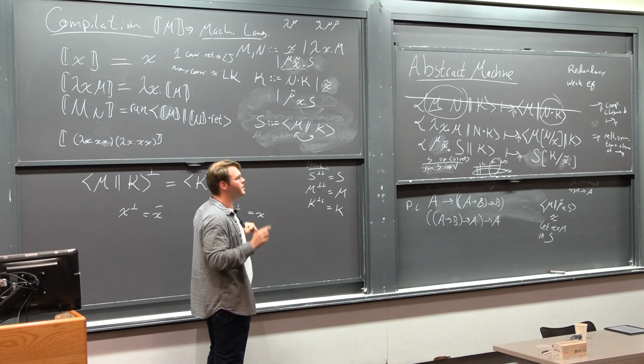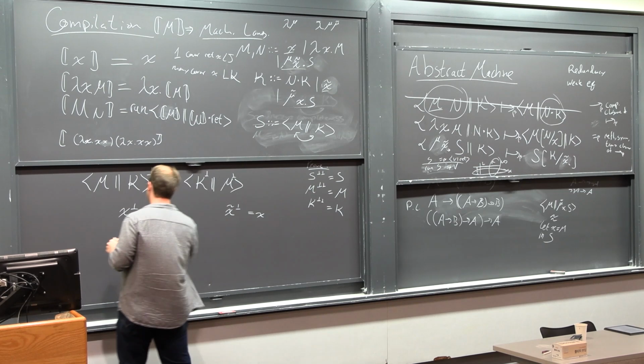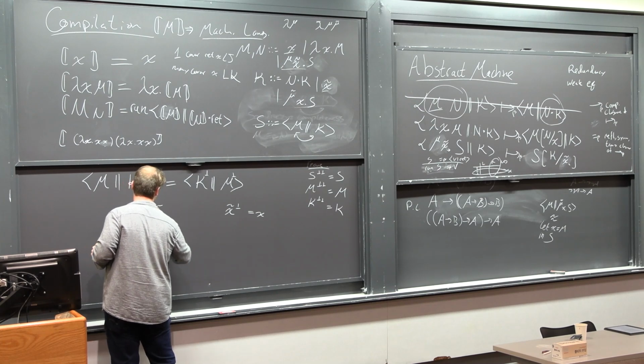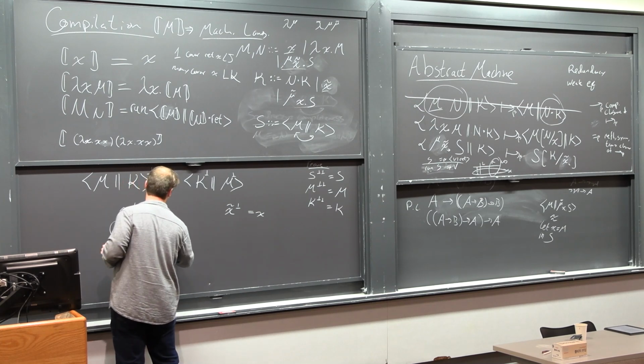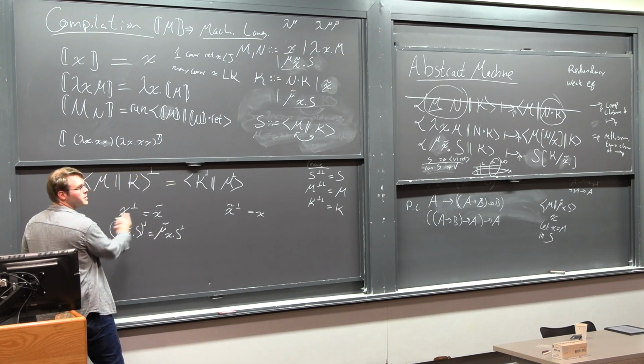It's just a binder. So that means the opposite of the mu is the mu with the twiddly over it. Like I said, I'm moving the twiddlies around.